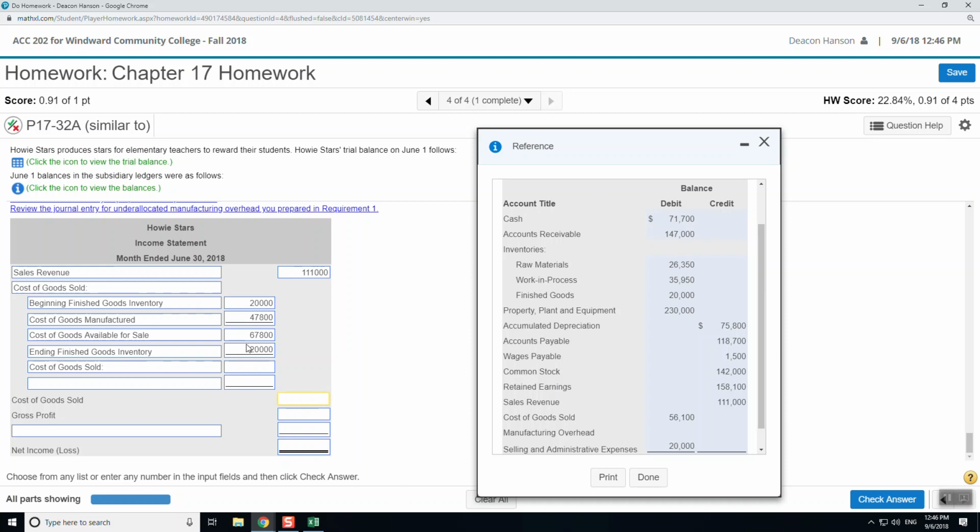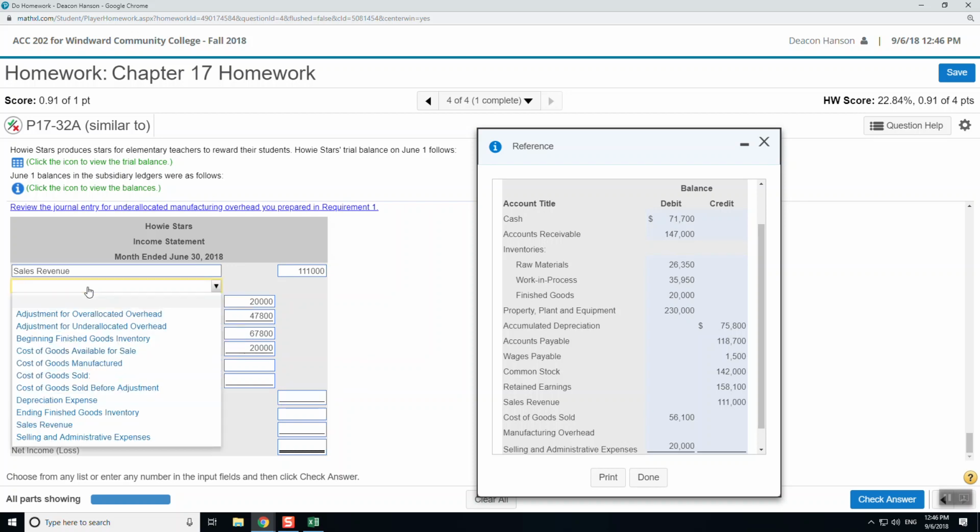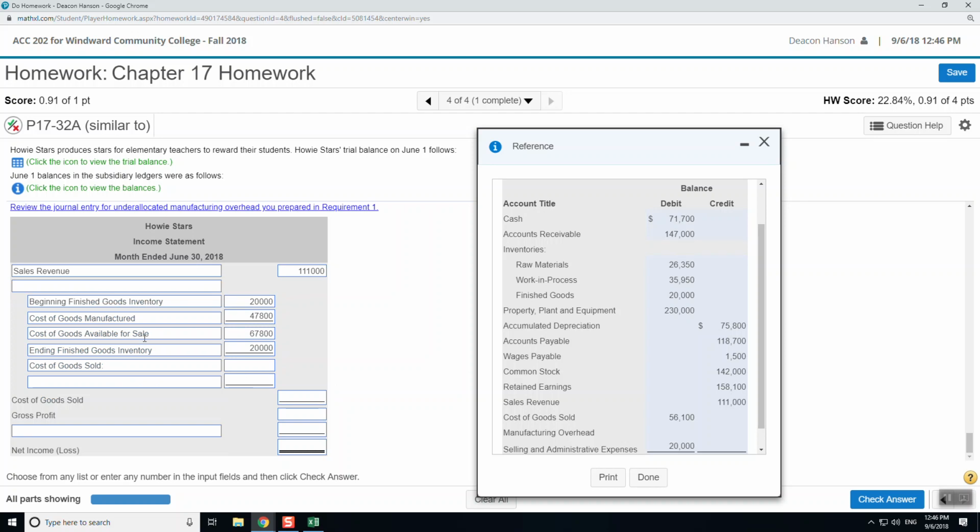For some reason, they got extra rows in the template. Oh, remember we made that entry to adjust cost of goods sold, right? So we need to put that in there too. That's the, yes, 83.